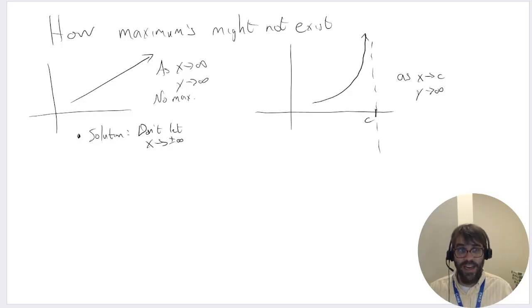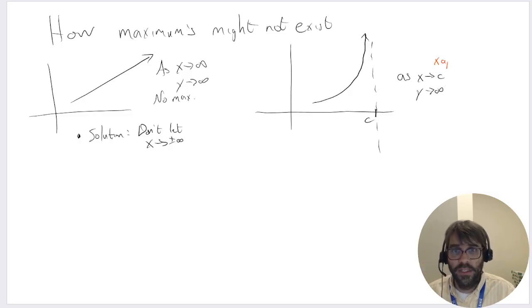And the issue here is that you can always get bigger by stepping closer to c. The biggest point, the end of this process in both cases, is as x goes towards infinity, but you can't plug in infinity. As x goes towards c, but you can't plug in c, you don't get to that ending point.